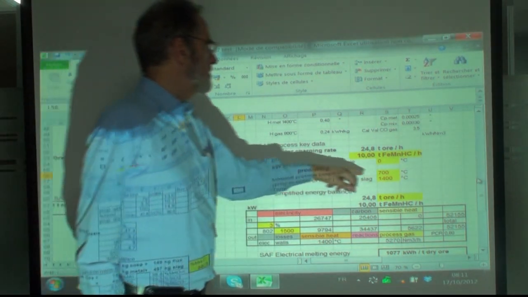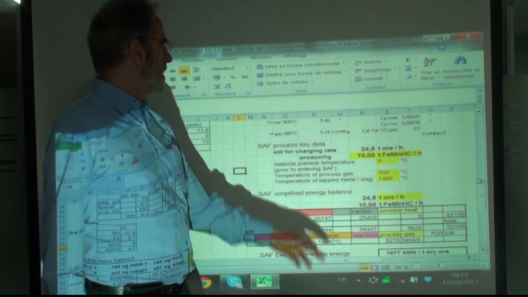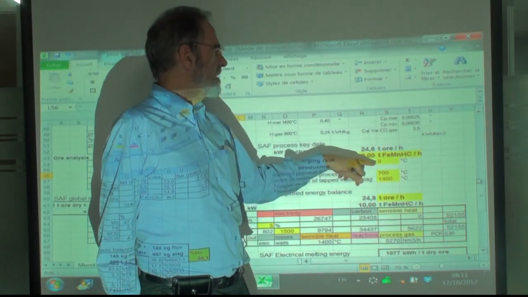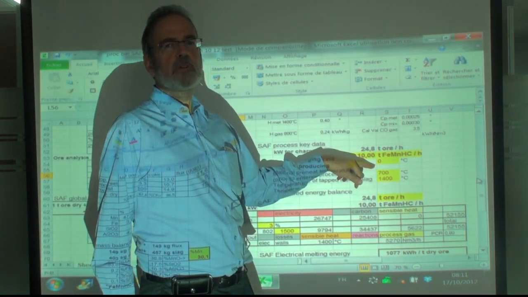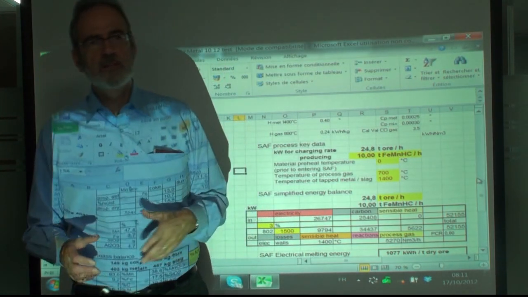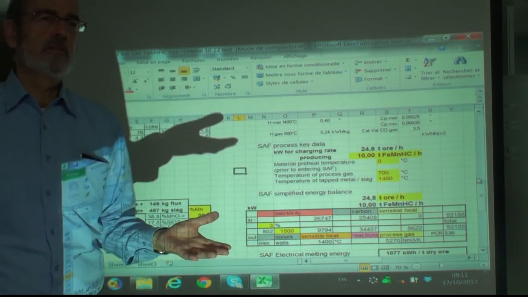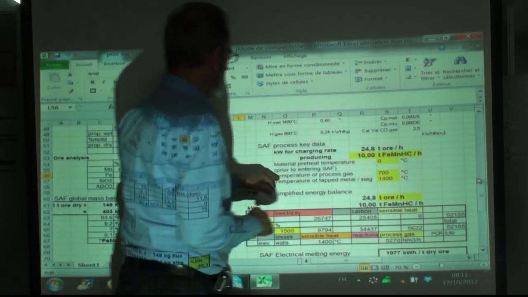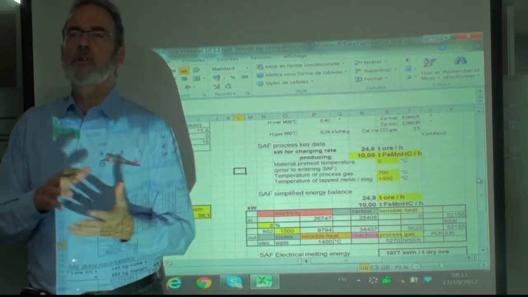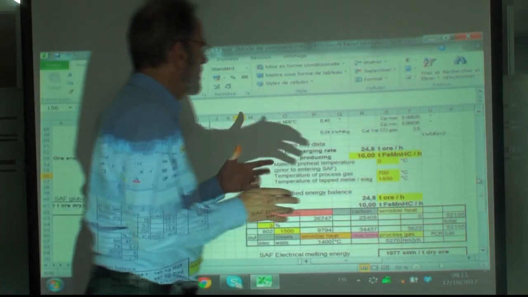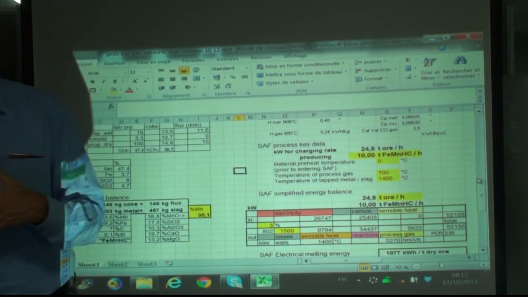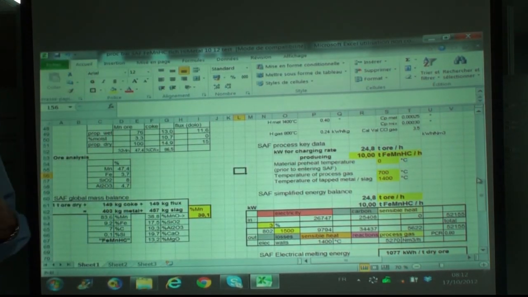This is 700 degree. Of course, for the material preheat temperature, this can be a measure parameter, because the choice is between 0 and 700. That's a big difference. But for the process gas temperature, the choice or the error is between 700 and 600, or 700 and 800, so the error is not so large.